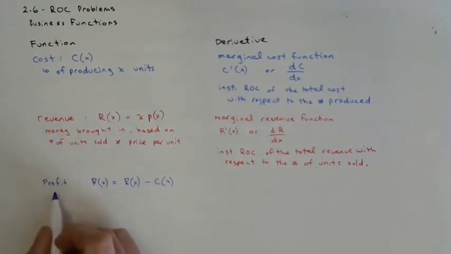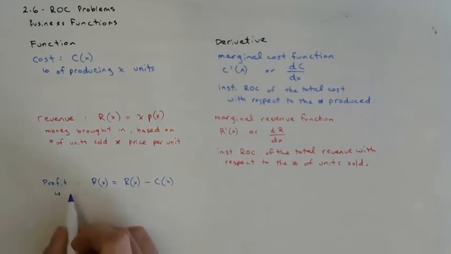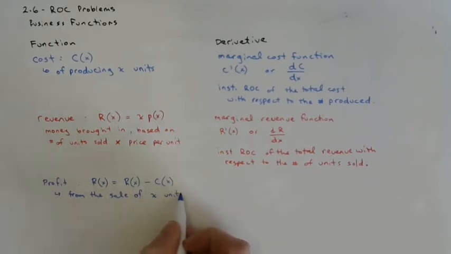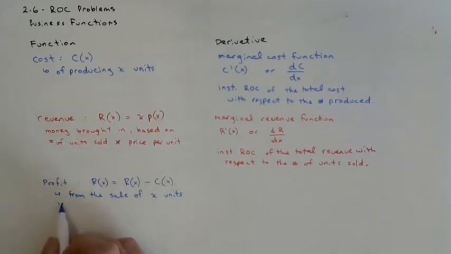So this is profit from the sale of X units. X is a number, that number of units of a product or a service. And it's a difference function.